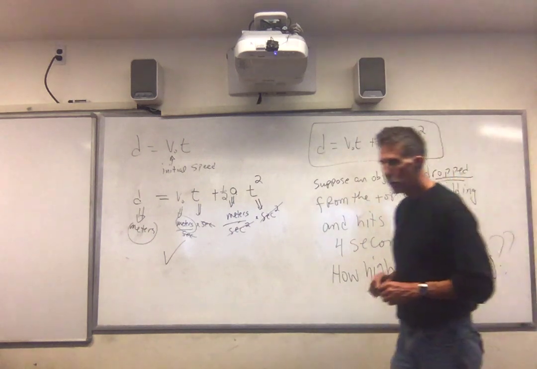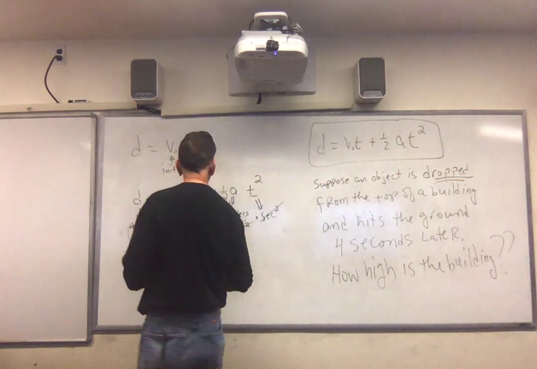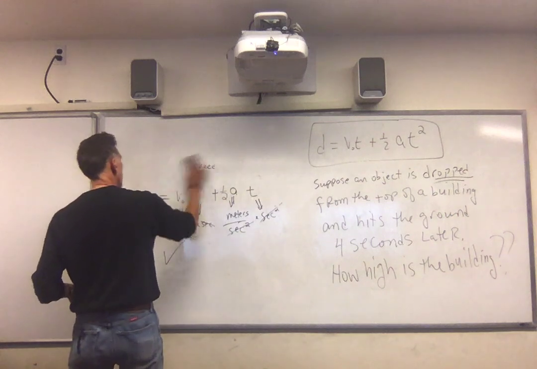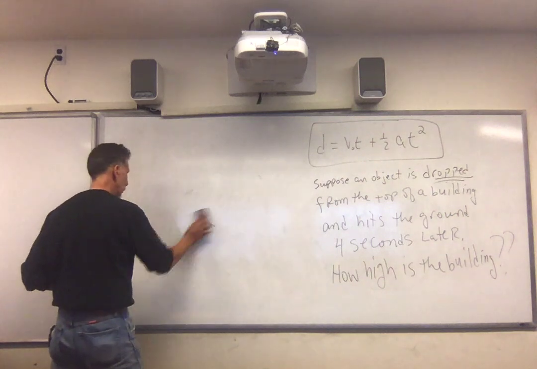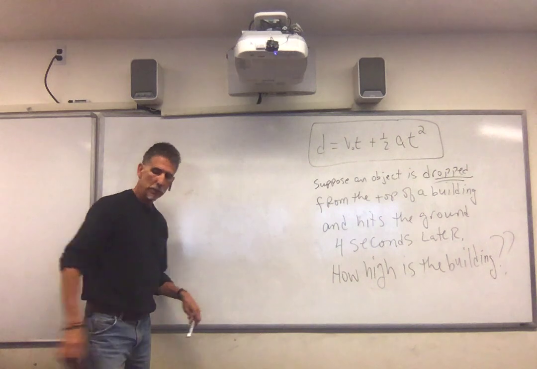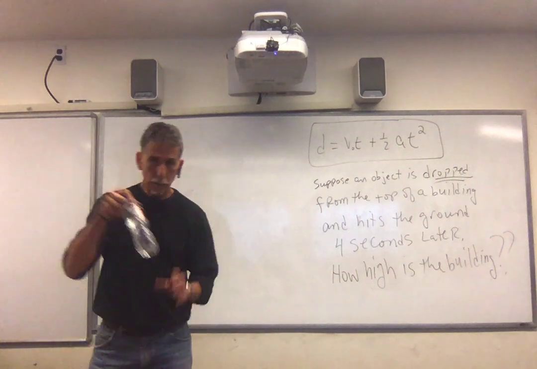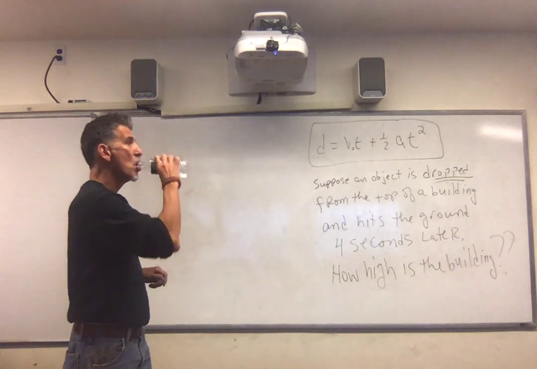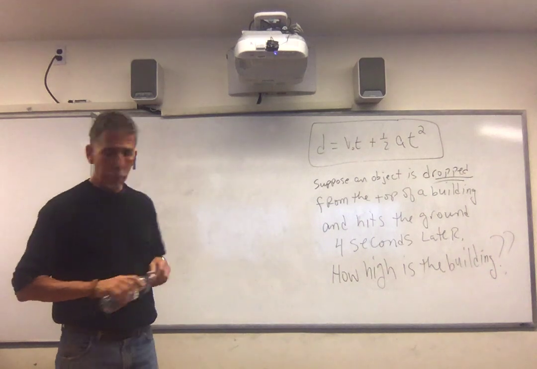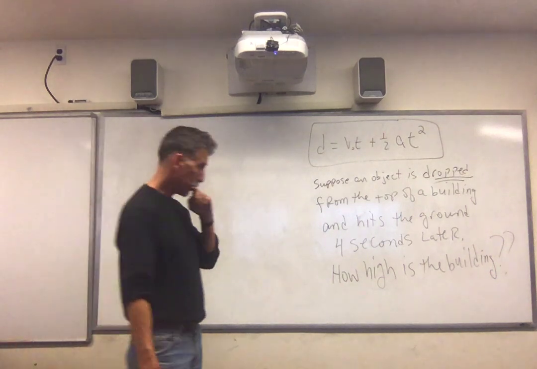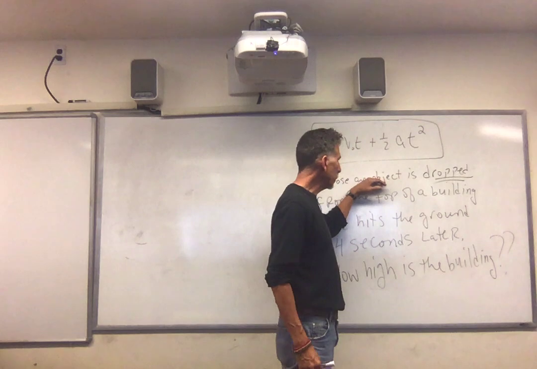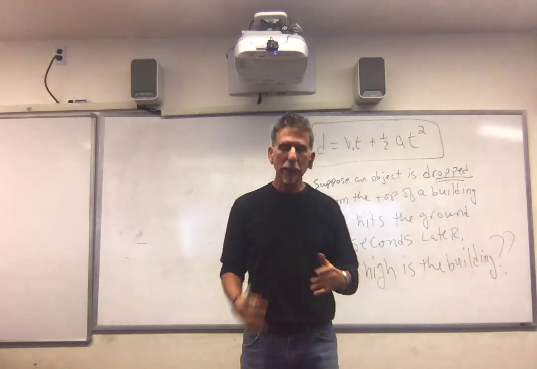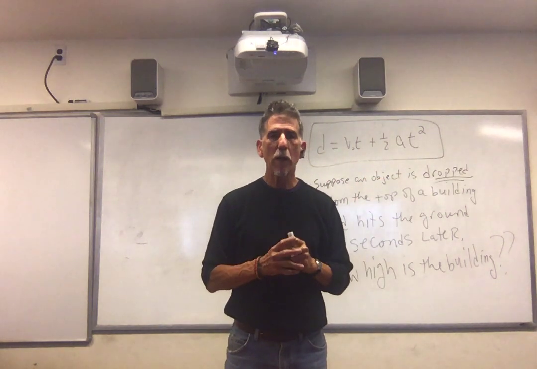Okay, so we're going to analyze this. We're going to talk about it and see if we can figure this out. We take an object and it's dropped. So let's analyze the word dropped. What does drop mean?